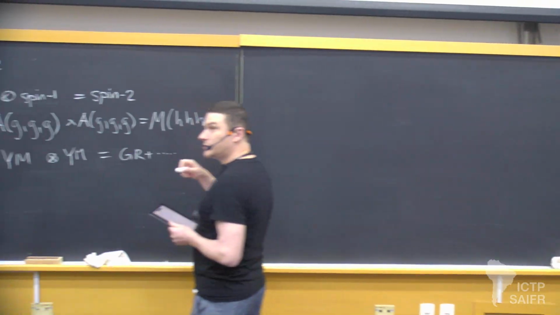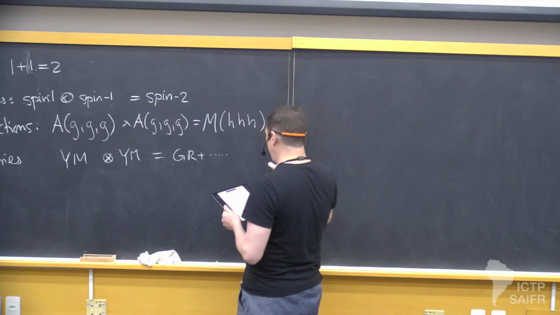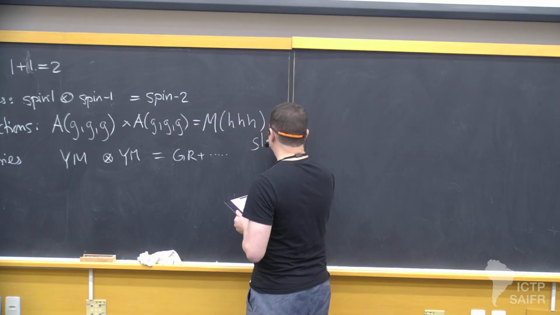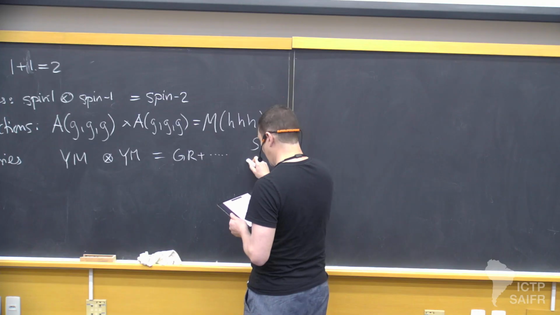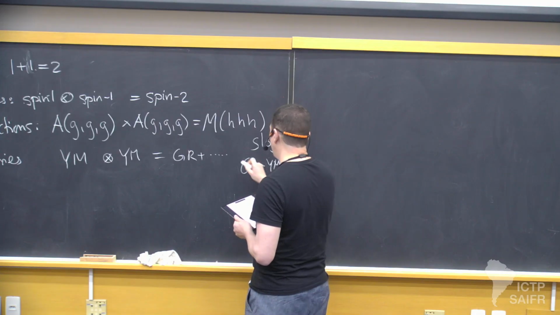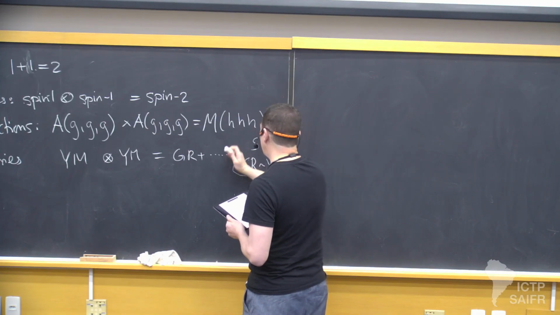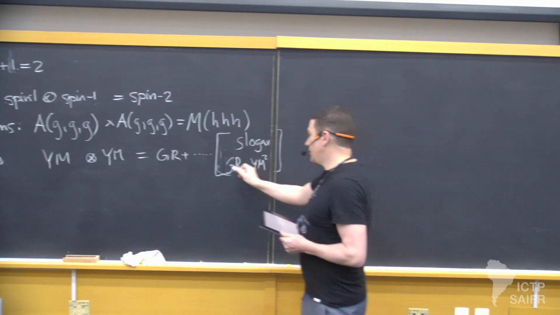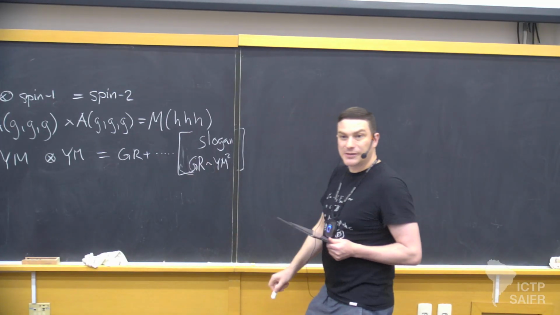And this is basically the slogan that you already heard in David's talk, that you can think of GR as some Yang-Mills squared. I think he only did it maybe at amplitude level, but that's basically the slogan you often hear, that GR is the square of Yang-Mills.